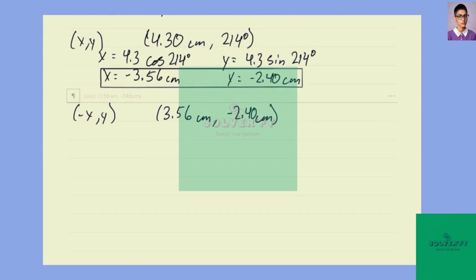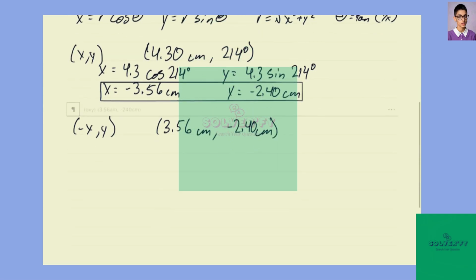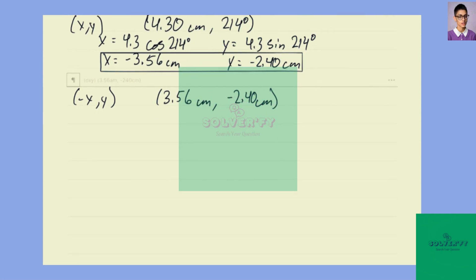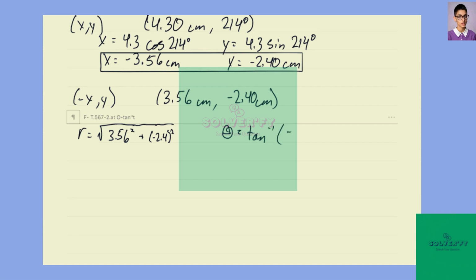Using our equations for r and theta above, we know that r equals the square root of negative 3.56 squared plus negative 2.4 squared. And we know that theta equals the inverse tangent of negative 2.4 over negative 3.56.